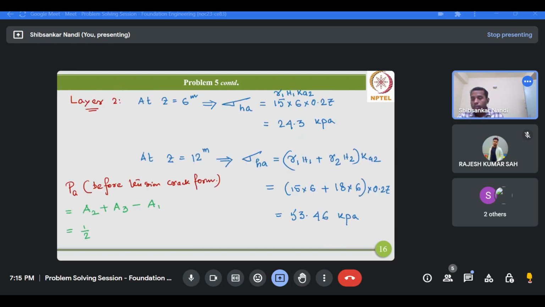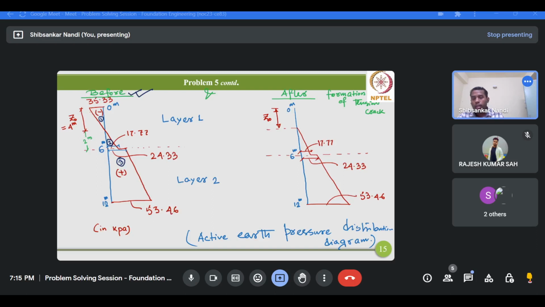So half into 17.77 into 2, plus A3. This is the area of the trapezoid. So this plus this, that means 53, the summation of two sides divided by 2 multiplied by the height. Height is basically 6.